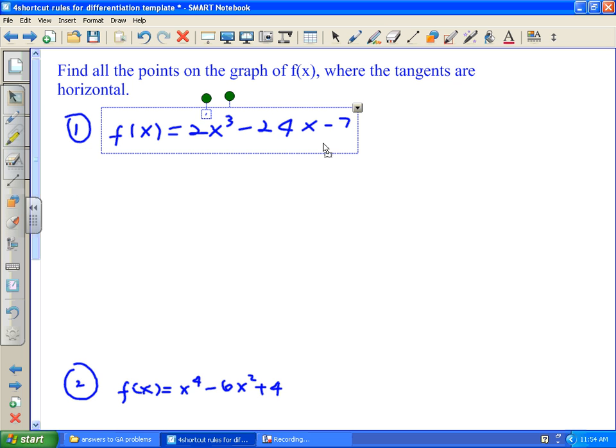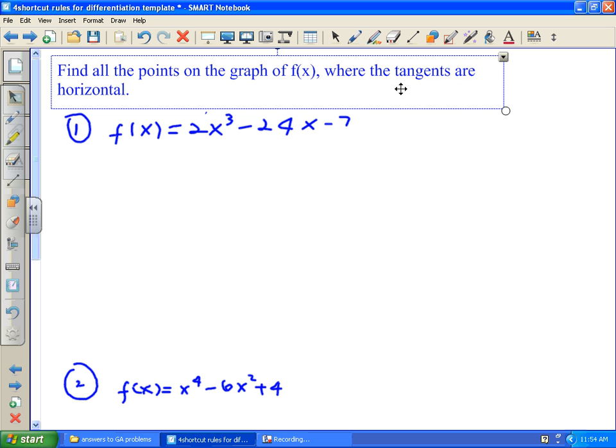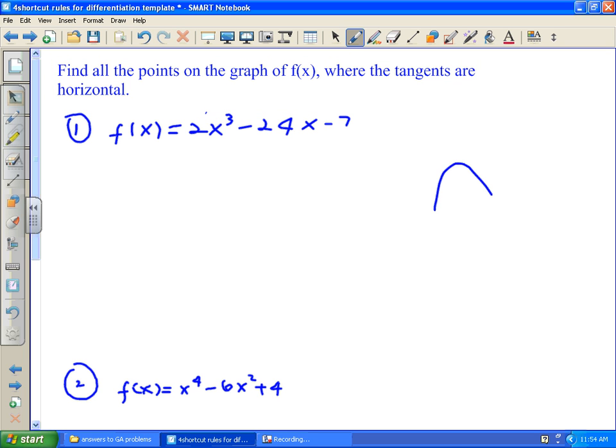Okay. So if we're looking for points of horizontal tangency, basically we're looking for things of this nature, like peaks and valleys. That's where usually the slope will be horizontal. Rather, the tangent line will be horizontal. And what can you say about the slope at such points? What is the slope of the tangent line at such points?